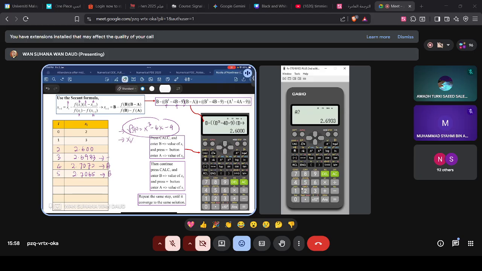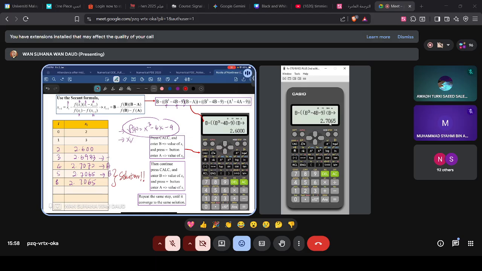Your A now is 2.7072, equal, and you get the same value, which is 2.7065. Now you already reach the solution because it repeats the same value. So this is the solution that we want.